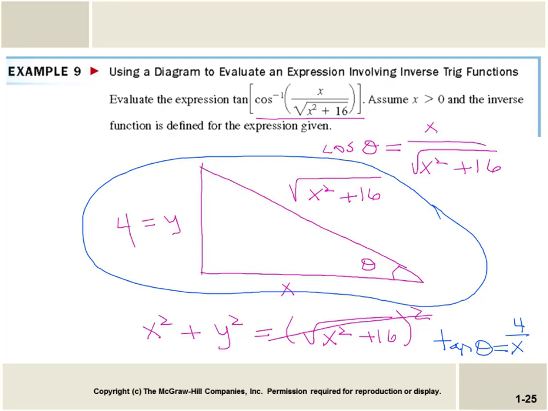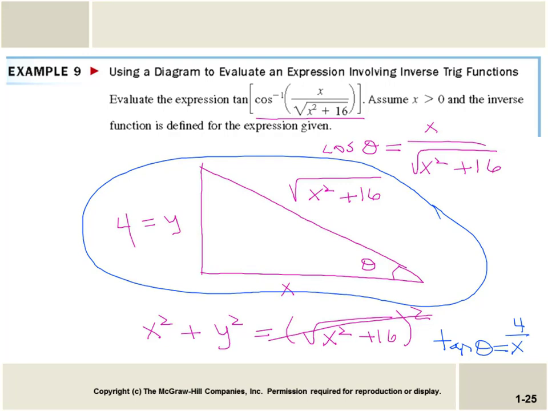Okay, so we know that the inverse cosine is in quadrant. First of all, it says assume x is greater than 0. So okay, never mind then. Keep going. It could only be in quadrant 1 or 2 because of the cosine, right? It's between 0 and pi.